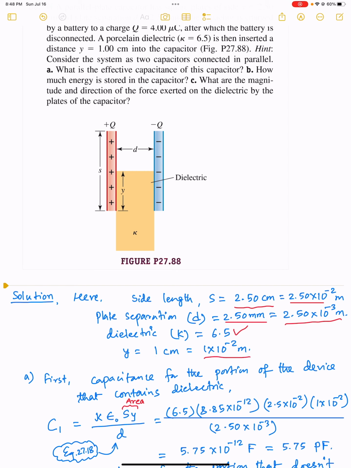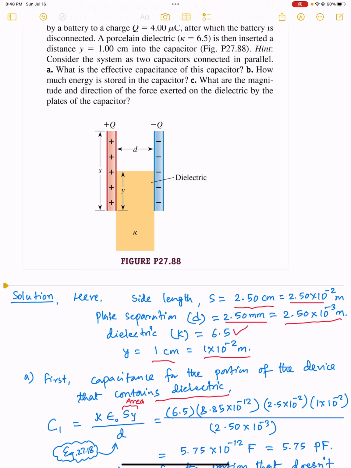So for part 1, the capacitance for the portion of the device that contains dielectric: you can see that some portion of the plate is the distance where the porcelain dielectric is inserted.